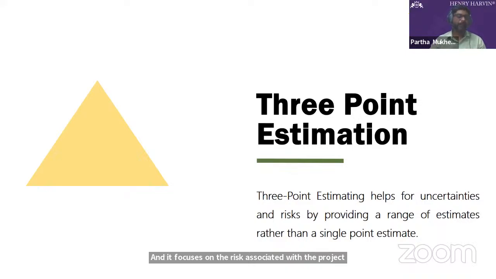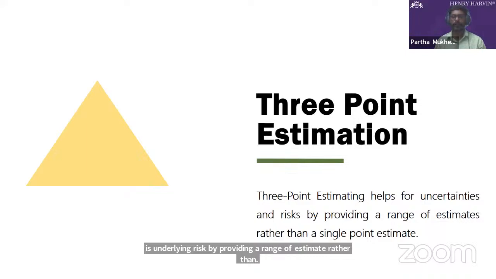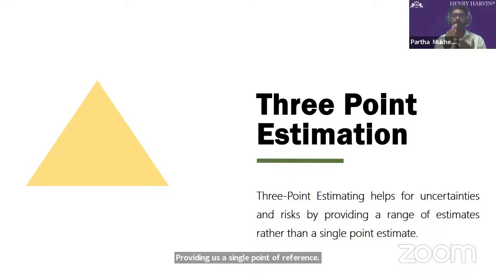So 3-point estimation helps us in project management where there are uncertainties and underlying risk, by providing a range of estimates rather than a single point of reference, like we have seen in parametric, analogous, and bottom-up. But how to perform this 3-point estimation?